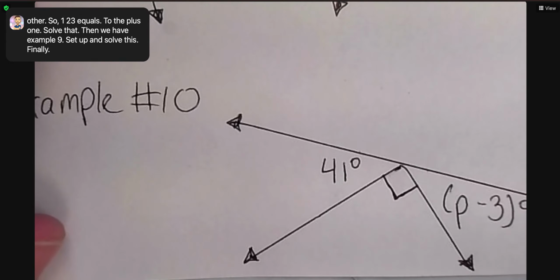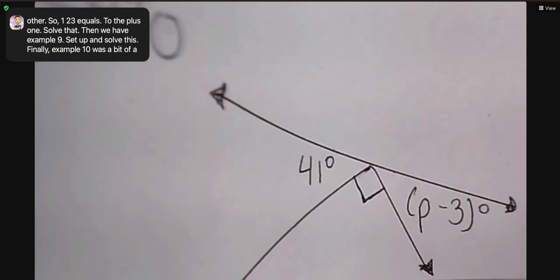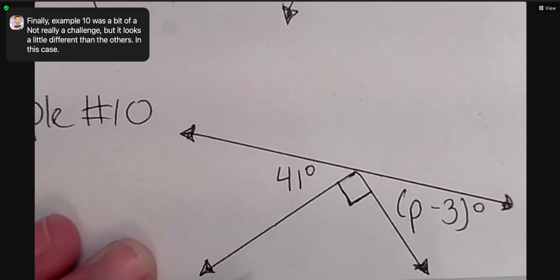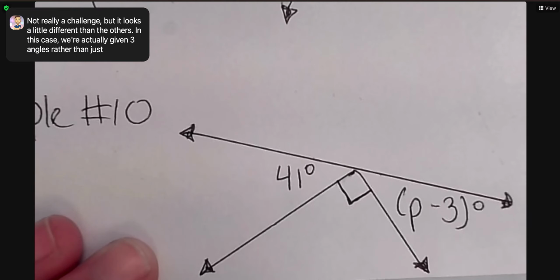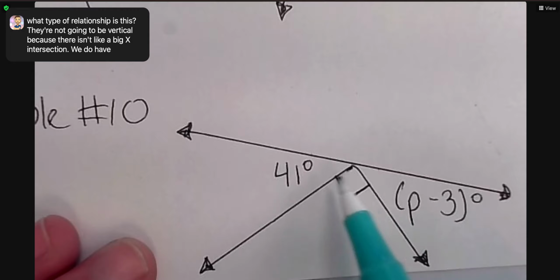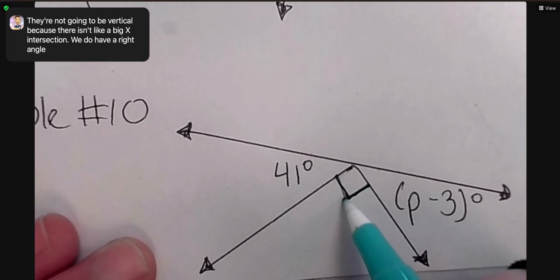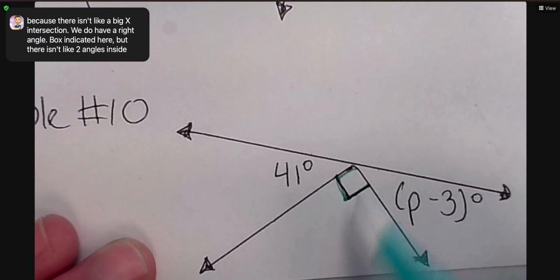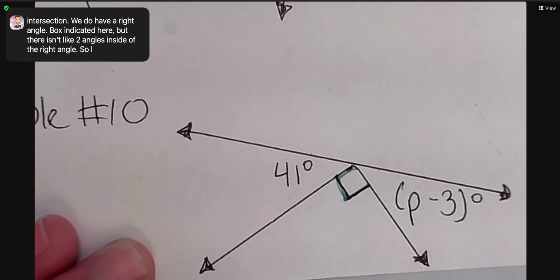Finally, example 10 was not really a challenge, but it looks a little different than the others. In this case, we're actually given 3 angles rather than just 2. But we still have to notice what type of relationship this is. They're not going to be vertical because there isn't a big X intersection. We do have a right angle box indicated here, but there aren't 2 angles inside of the right angle, so I don't think it's going to be complementary.